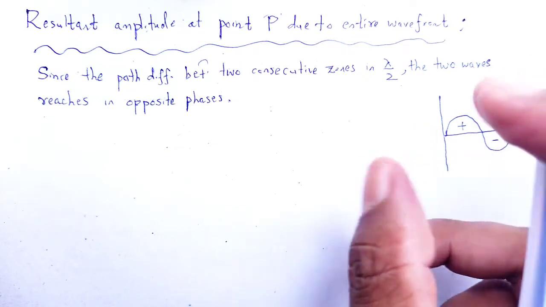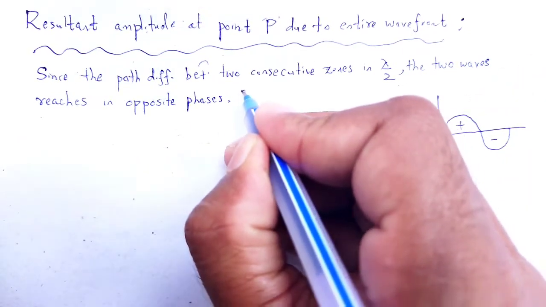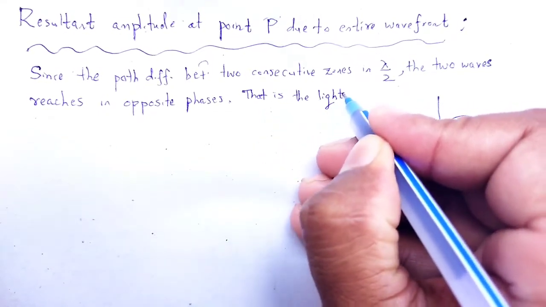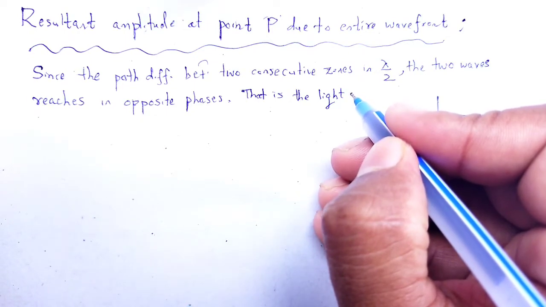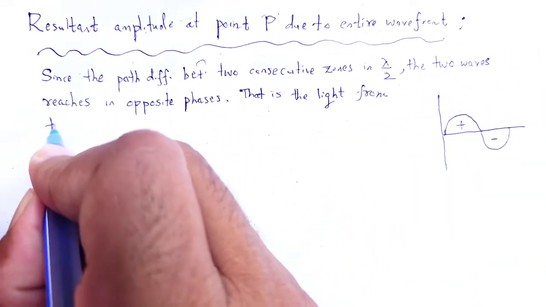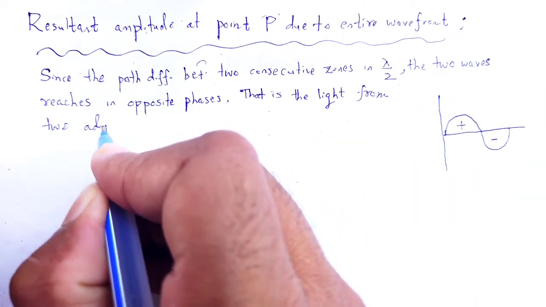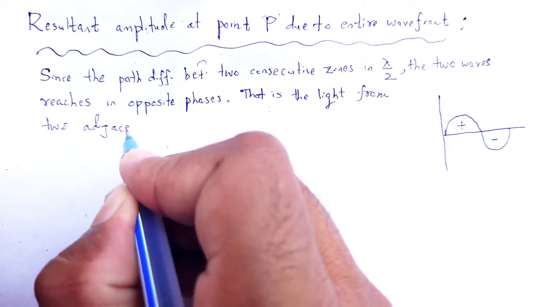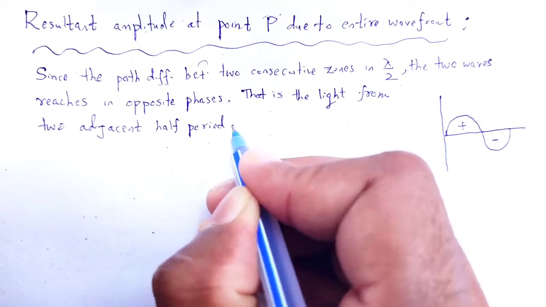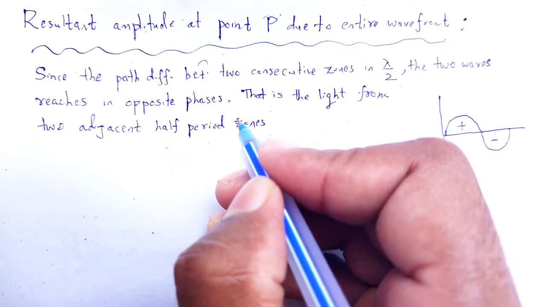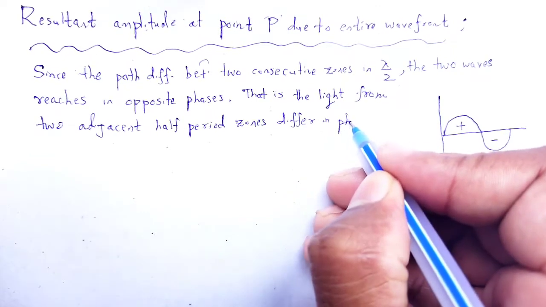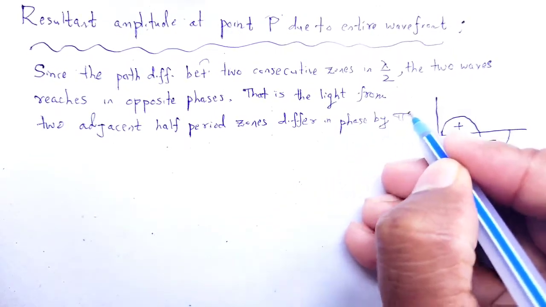The light from two adjacent half period zones differs in phase by pi.